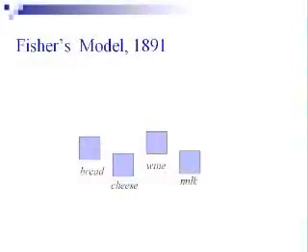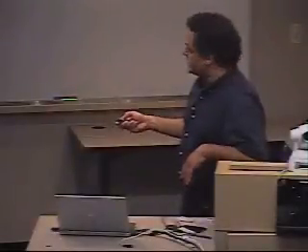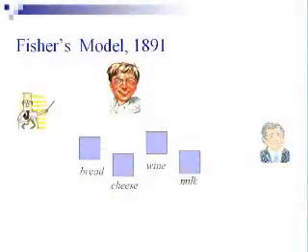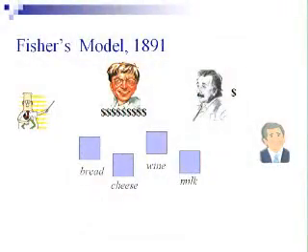And here's the model. Suppose that there's a market with a bunch of divisible goods like bread, cheese, wine, milk. And some people come to this market, and you might recognize some of these people. They have different amounts of money that they want to spend in this market, and even the silly professor has a few cents to spend.